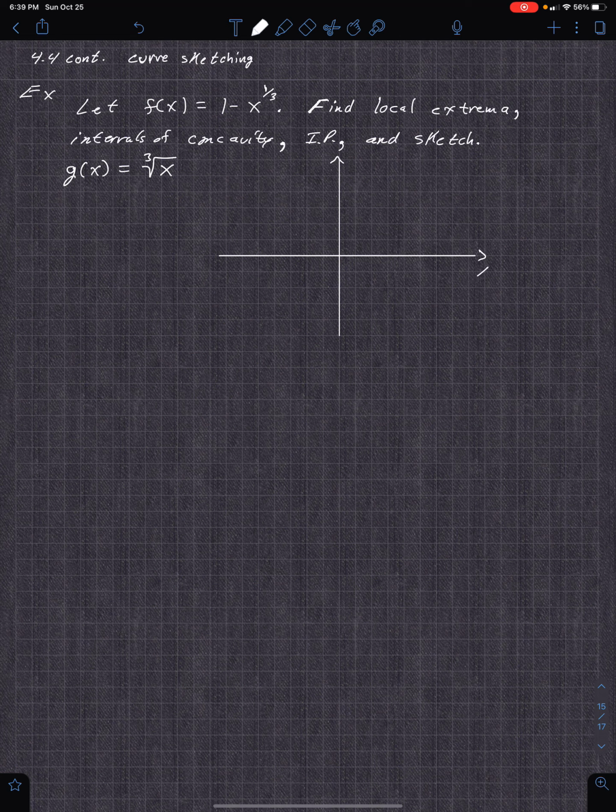So you have x and y, and your cube root is this function. It's essentially the inverse of the cubic. And so it goes vertical right here. You've got a vertical asymptote, or not really an asymptote, but the graph goes vertical right at 0.